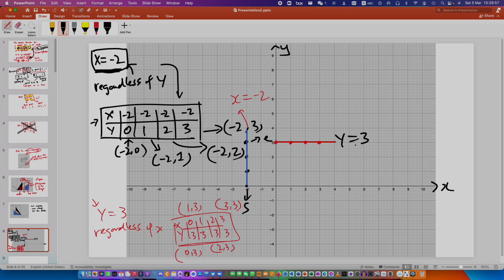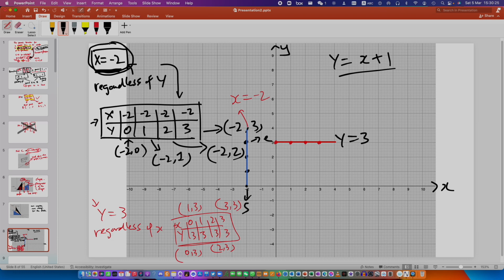Okay, good. How do you draw this? Let me just give you anyhow. Ask yourself, how did you draw this x equals -2? You give yourself a table.